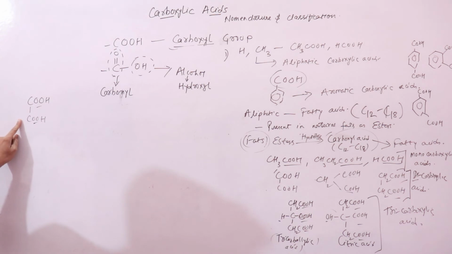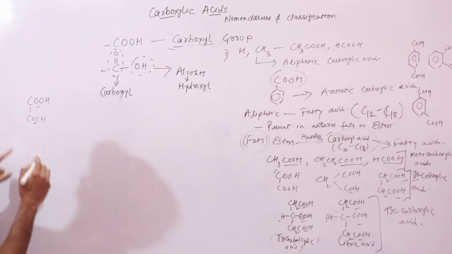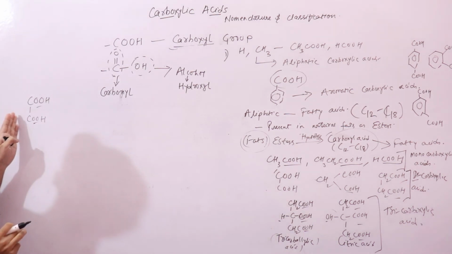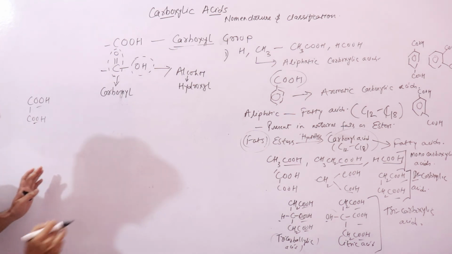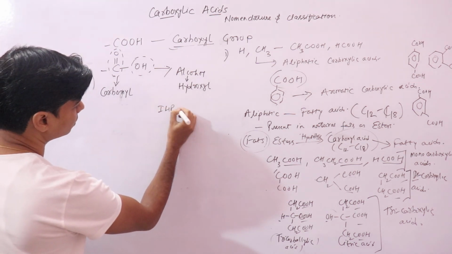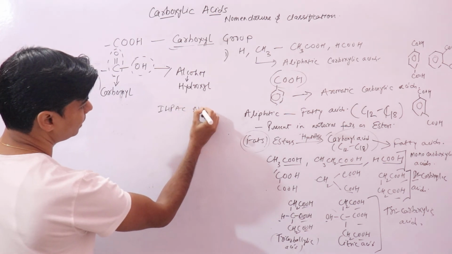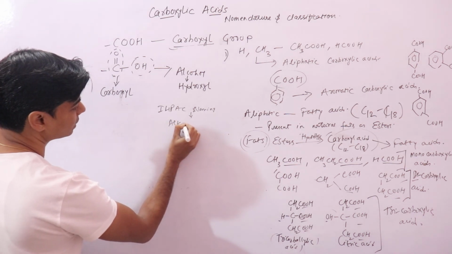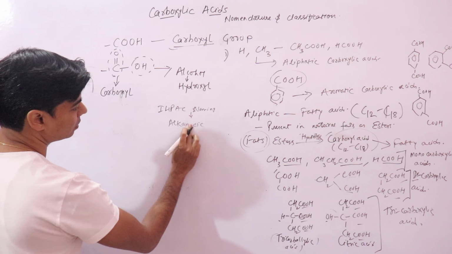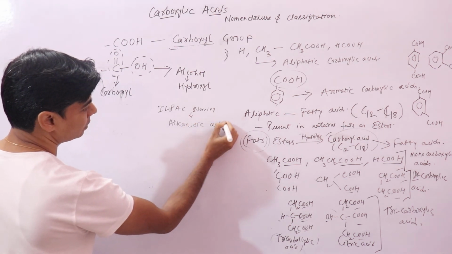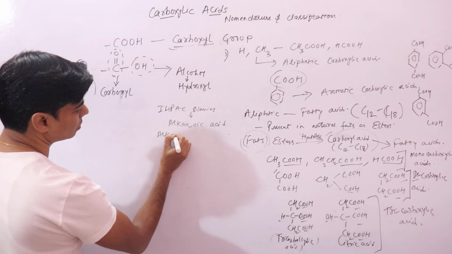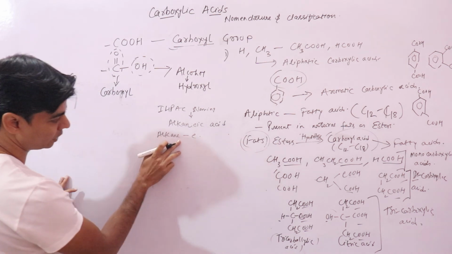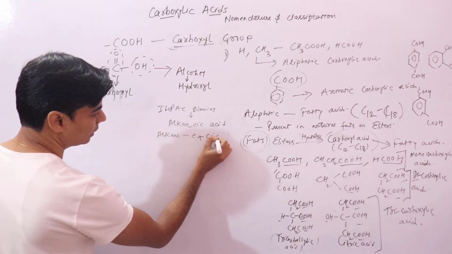So it contains 2 carbon atoms. One thing I forgot to tell you: in IUPAC naming, you name these as alkanoic acid, in which you remove the E of alkane and add OIC.